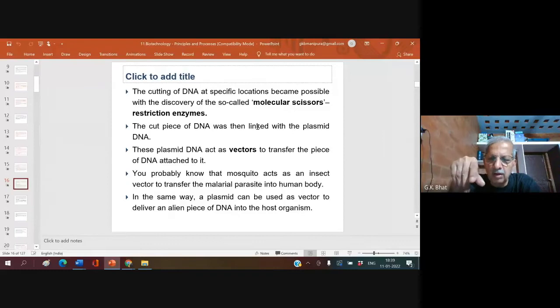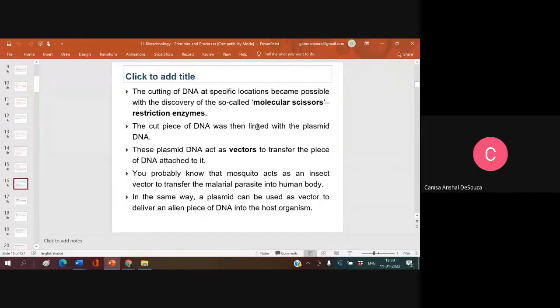In the same way, what is done here? A cut piece of DNA is added to a plasmid. Prior to that, whatever plasmid is required is taken out. To this plasmid, the cut piece of DNA is added, and then this plasmid is introduced where? To the host organism.